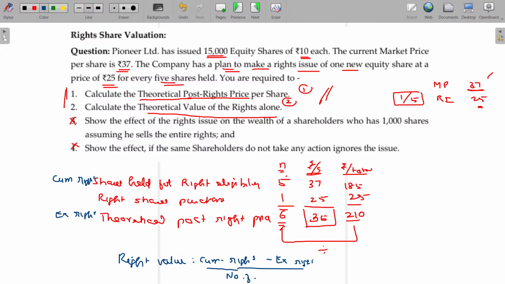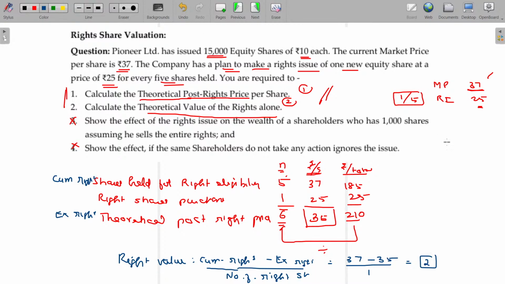That's how you can name it. This is the formula. 37 is the cum right value, 35 is the X right value, number of right shares being 1, so 2 rupees will be the right value.